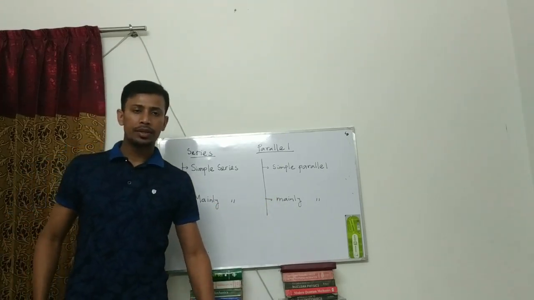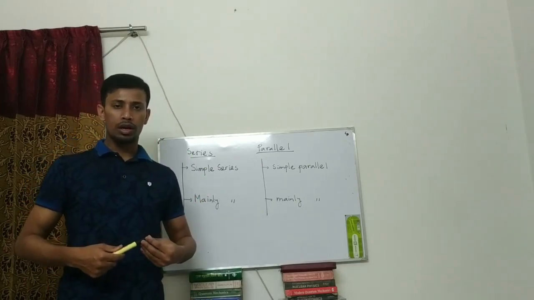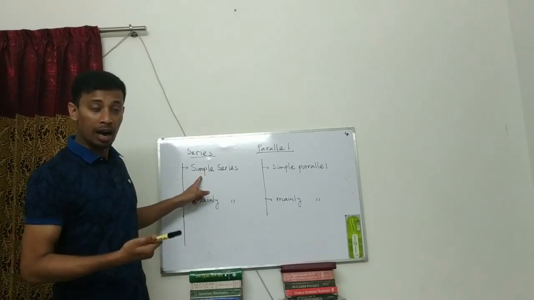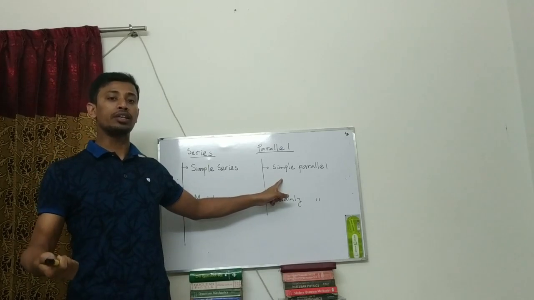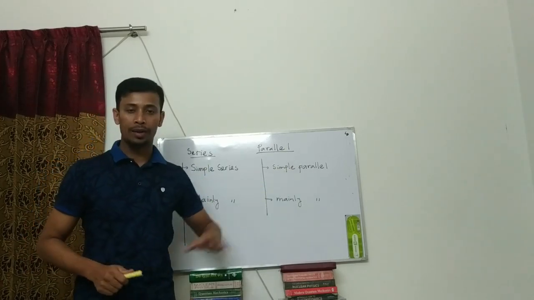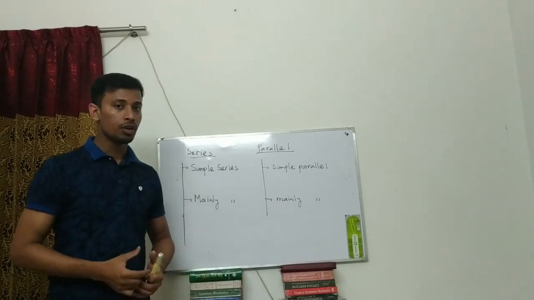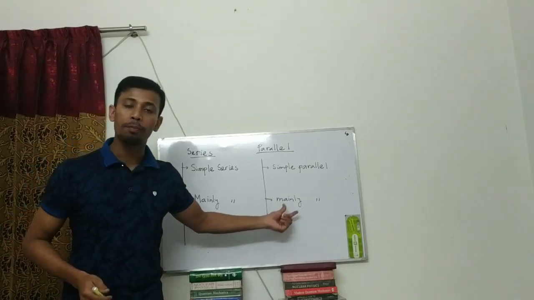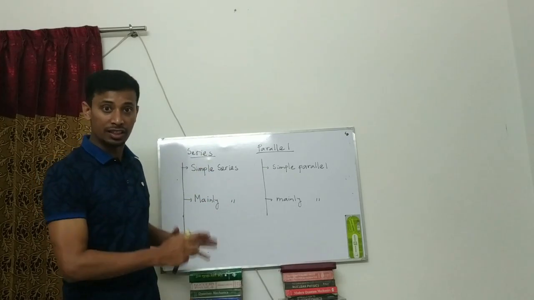The series circuit we know from our secondary level is our simple series, and the parallel circuits we know from secondary level are simple parallel. The circuits we know as mixed circuits are either mainly series or mainly parallel. I will discuss them in detail in this lecture.